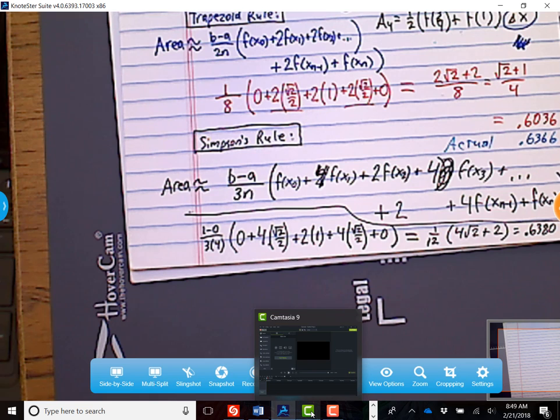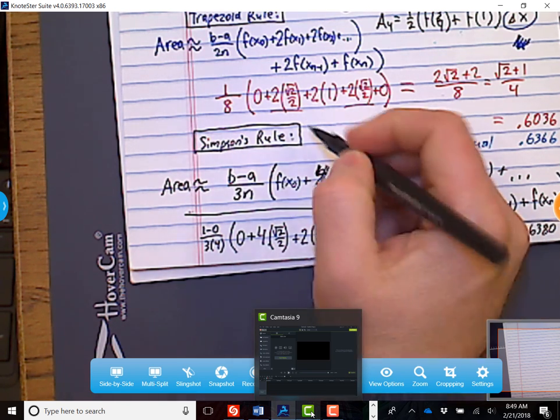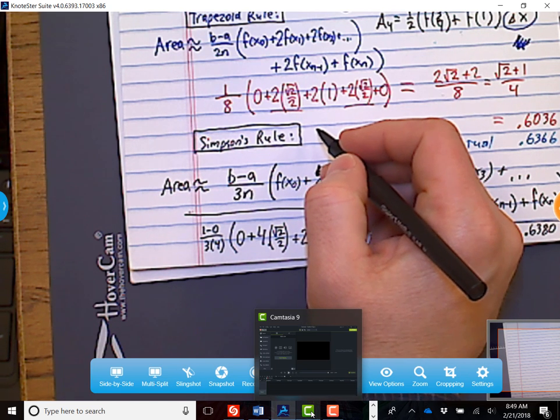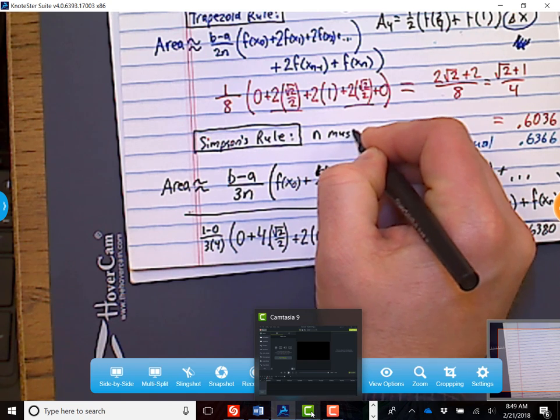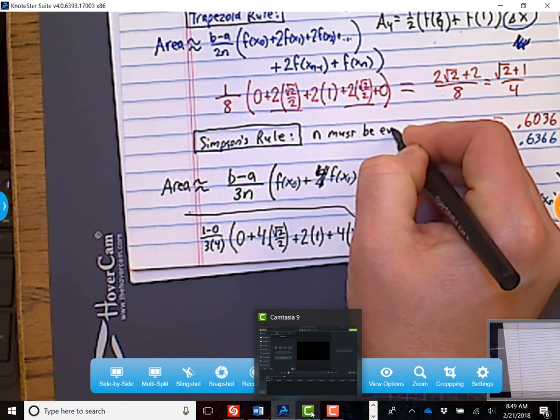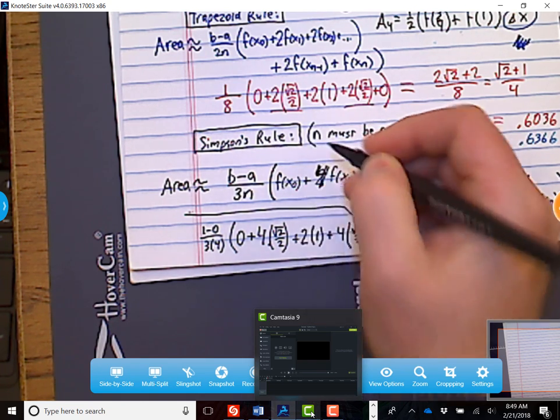And this is only with n equals 4, okay? By the way, you can't do n equals 5 for Simpson's rule. You could do 6, but you can't do 5. N must be even for this to work for Simpson's rule.